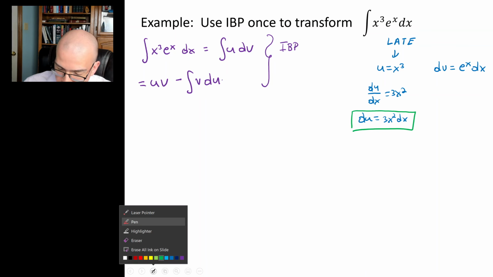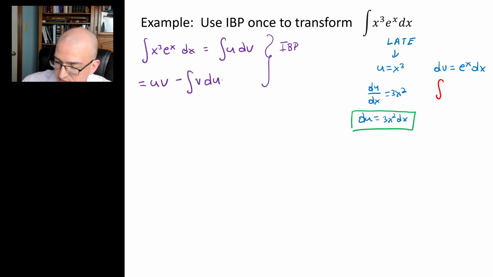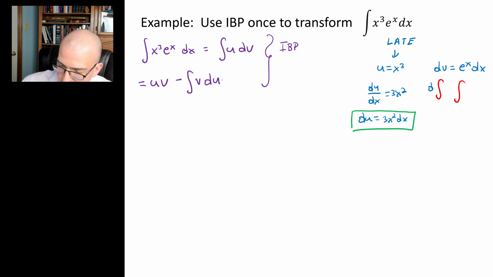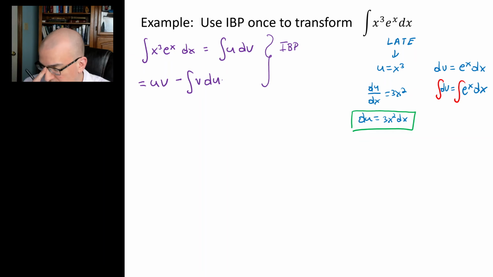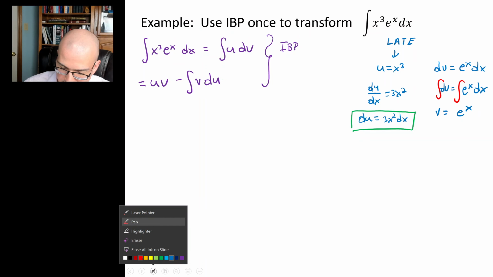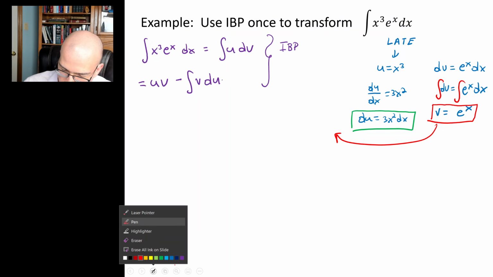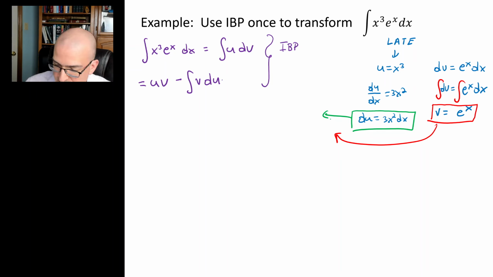Now for the second part, I have to integrate dv. Okay, so I'm taking the antiderivative of dv, I'm going to get v. Taking the antiderivative of e to the x, I'm going to get e to the x. And as always, we hide the plus c. Okay, and then those pieces are going to get plugged into the integration by parts formula.